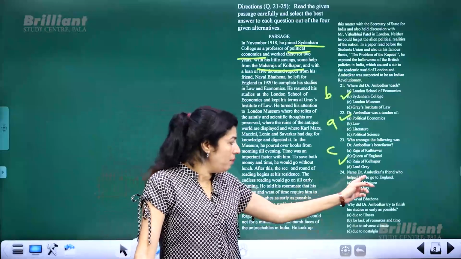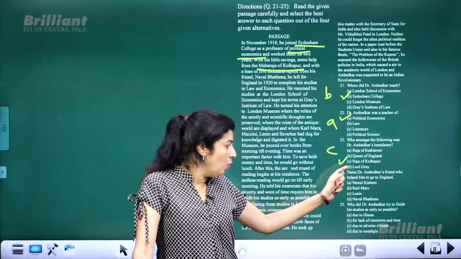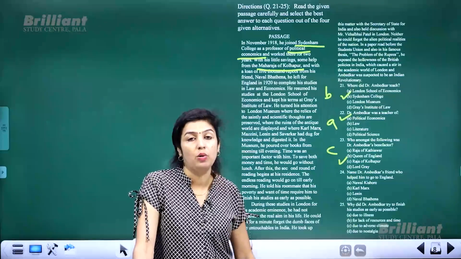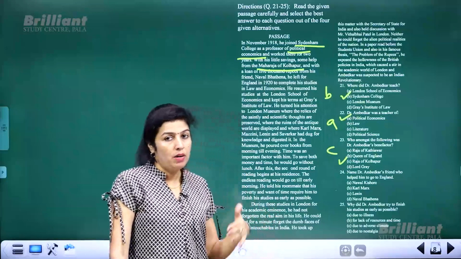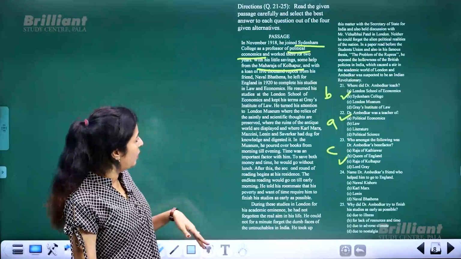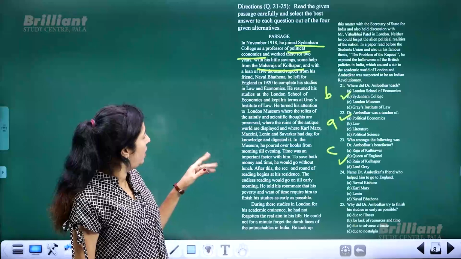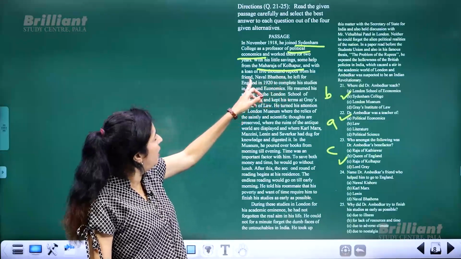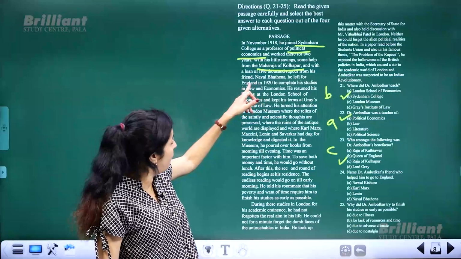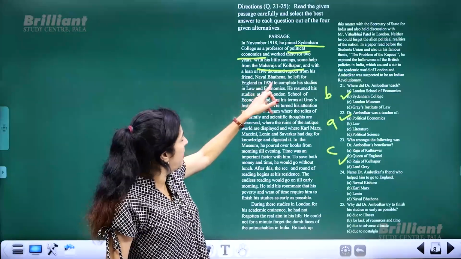Now name Dr. Ambedkar's friend who helped him to go to England. So who was that friend who supported him to reach England? Let us see. Maharaj of Kolhapur, and with a loan of 5,000 rupees from his friend Naval Bathena, he left for England.